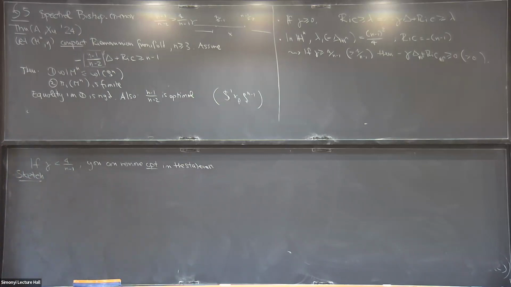So, a sketch of the proof. The idea of the proof is to follow a strategy that was devised by Hubert Bray, which gave an alternative proof of the volume comparison. Let's just focus on the case pi_1 finite. One should work a little bit more because when you pass to the universal cover, you might stop being compact, but you can do that. So let's see a sketch for the first property.